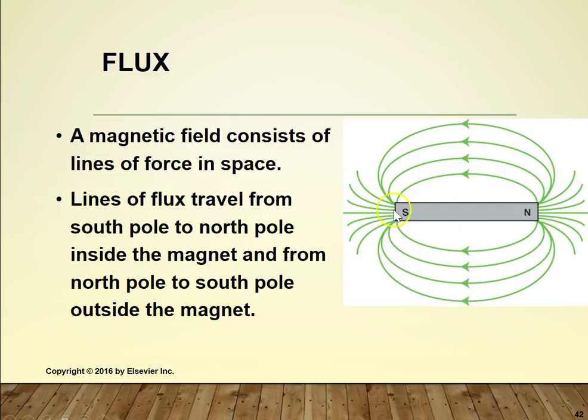So this is showing you from here to here it's going inside, and then here to here is on the outside. And that creates these elliptical loops. That image is from your book, and it's the lines of force in space called flux. So that's our first basic characteristic. Okay, they travel south to north inside and north to south outside.